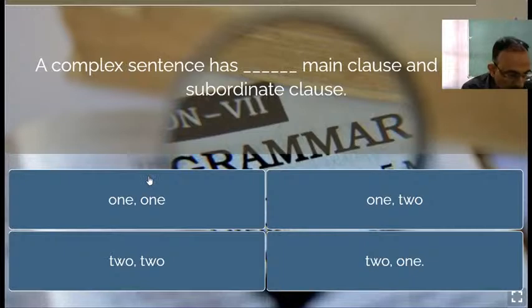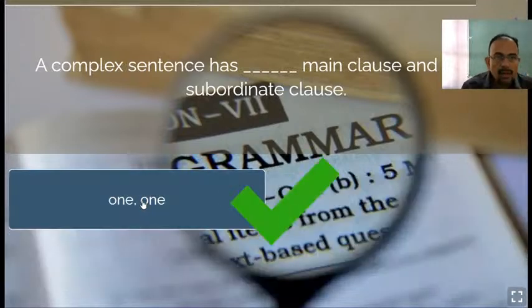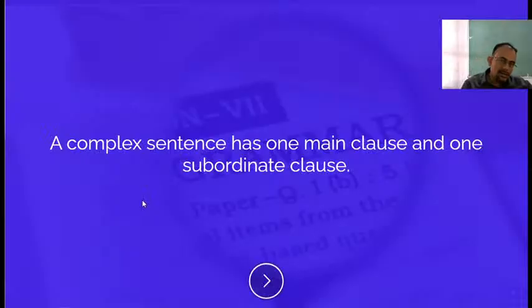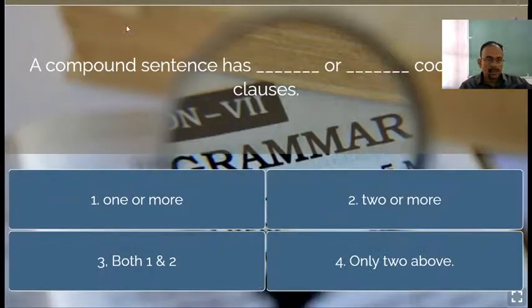Asmita, thank you so much, it's absolutely correct. Yes, one and one. A complex sentence has one main clause and one subordinate clause, right? Absolutely correct.